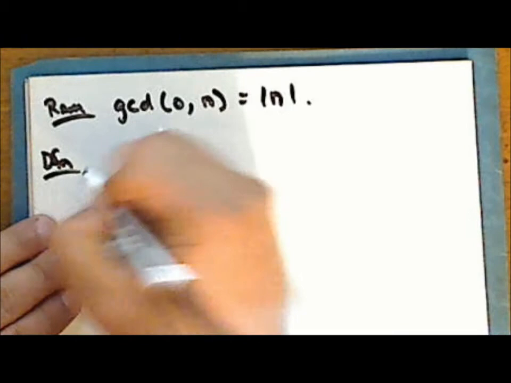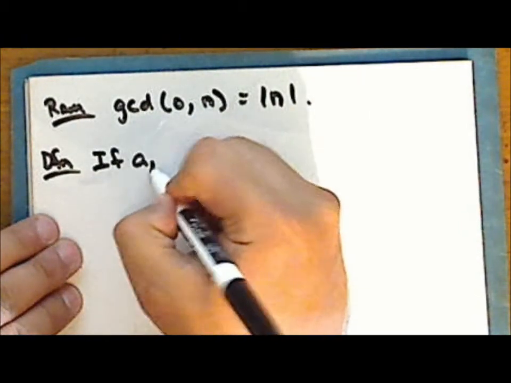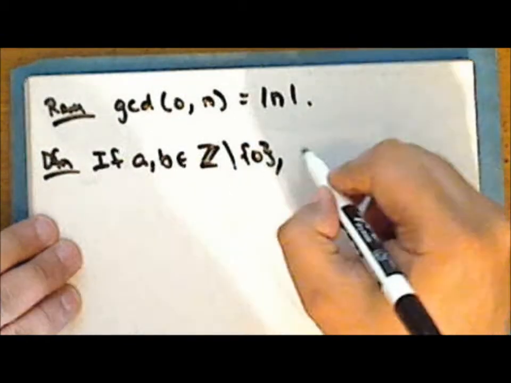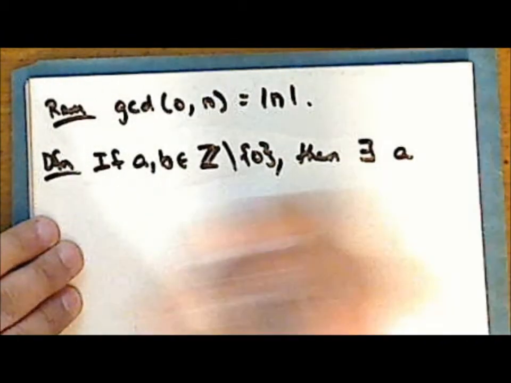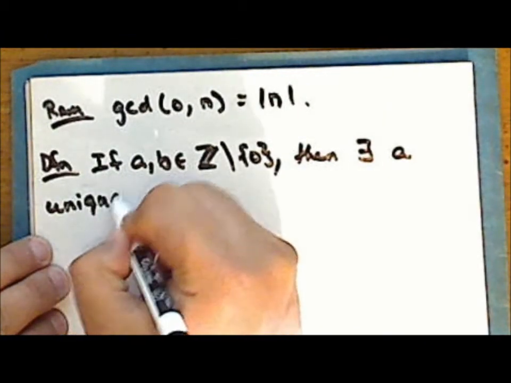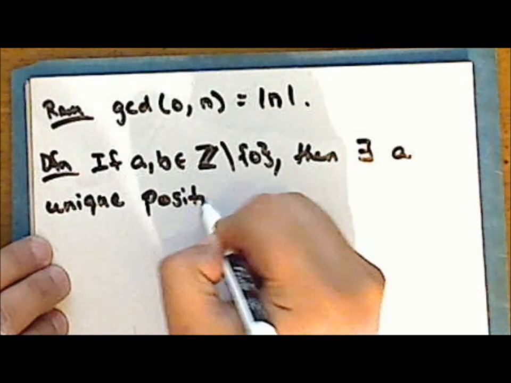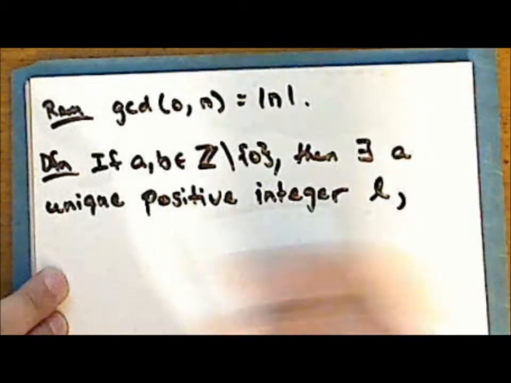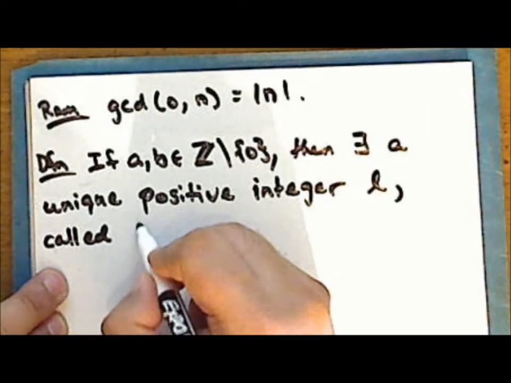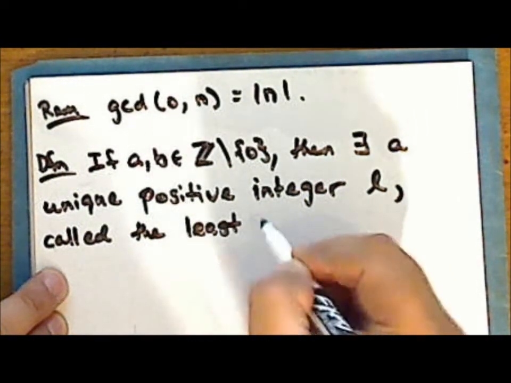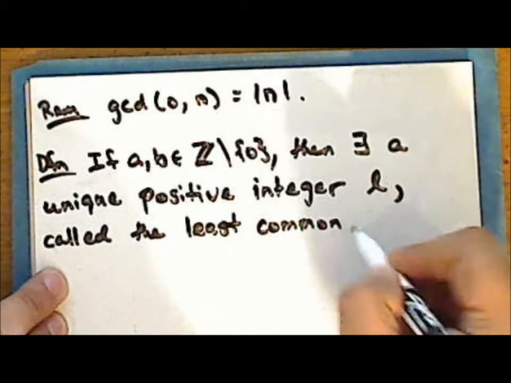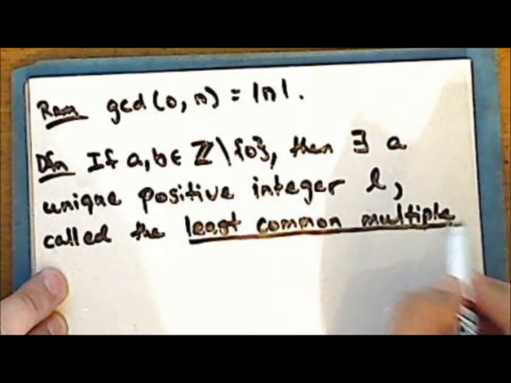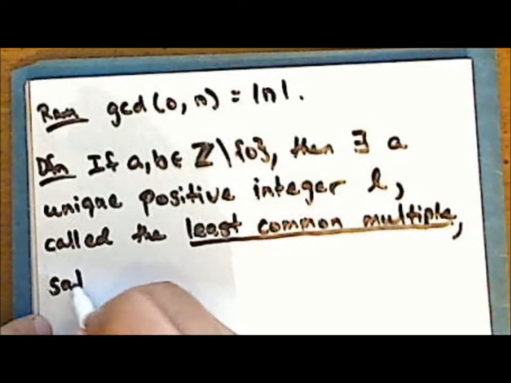So new definition. Once again, if A and B are two non-zero integers, then there exists a unique positive integer L, which is called the least common multiple, satisfying two properties.